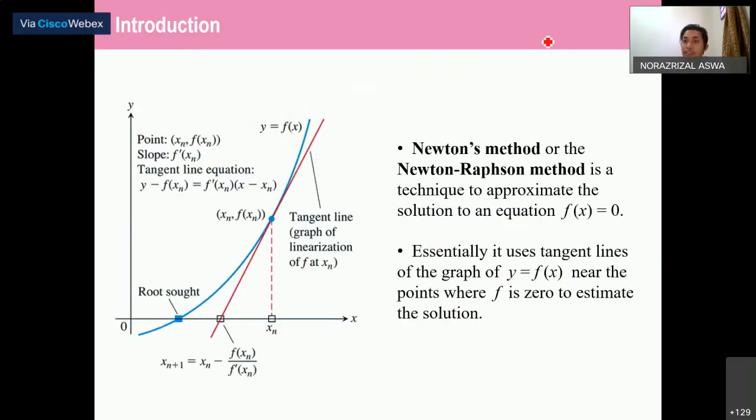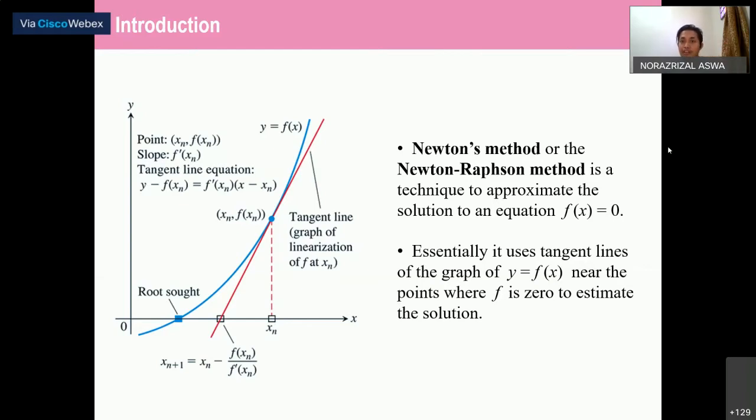Okay, so Newton method is also called the Newton-Raphson method, but it has been argued who introduced this. Sometimes people say this was proposed by someone else, not Newton and not Raphson, but Newton was able to grab that idea and publish it and make it his own.